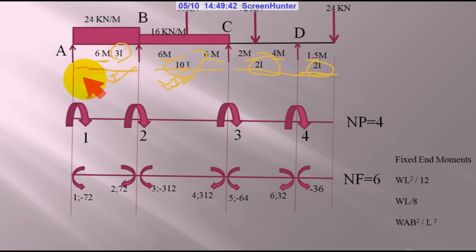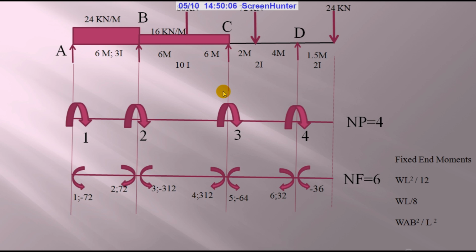So here the loads acting are concentrated loads as shown here and uniformly distributed load I have shown here like this. So 24 kilonewtons per meter and 16 kilonewtons per meter is the intensity of loads.